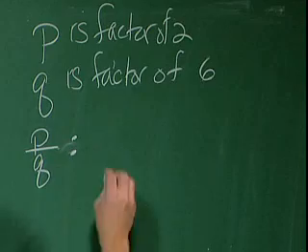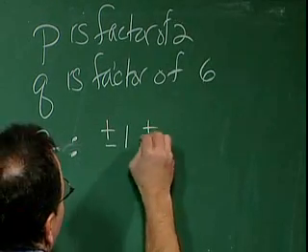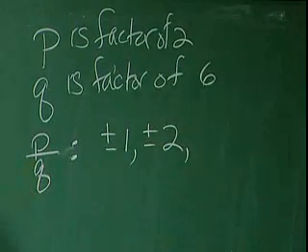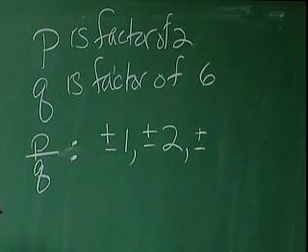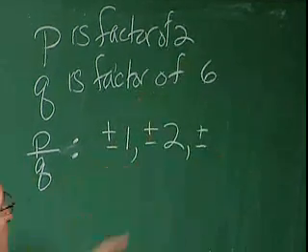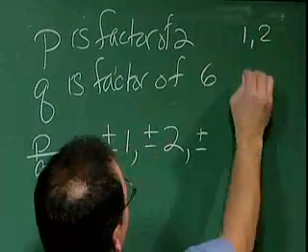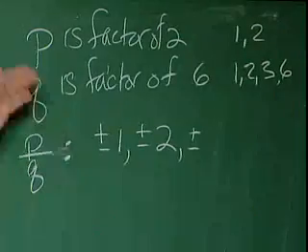We have plus or minus 1, plus or minus 2, plus or minus, and of course I'm getting these because I'm taking the 2 and all of its factors, which are 1 and 2, and then the factors of 6, which are 1, 2, 3, and 6, and I'm dividing those.